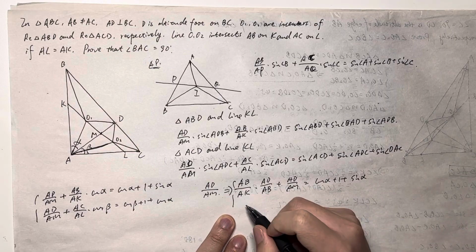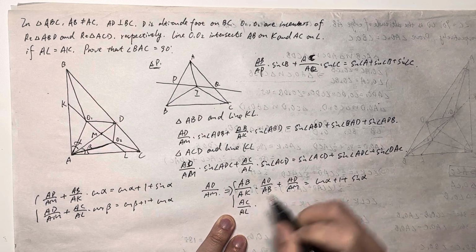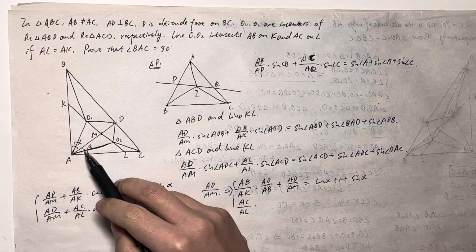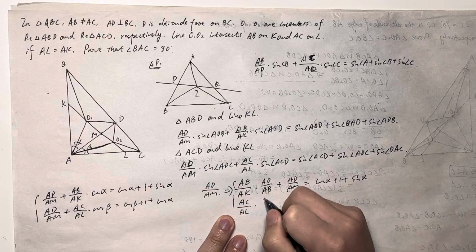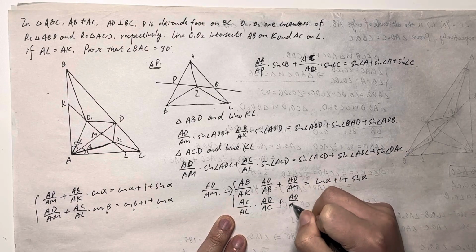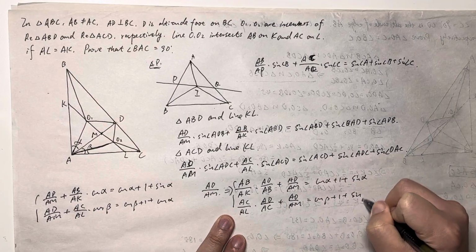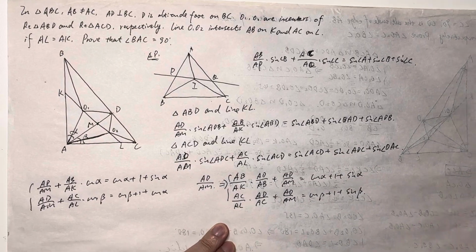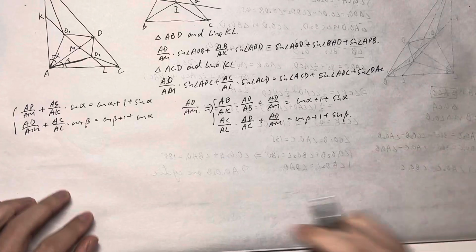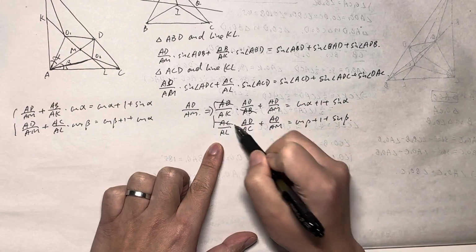And here is AC to AL times cosine beta. Cosine beta is AD to AC. So AD to AC plus AD to AM equals cosine beta plus 1 plus sine beta, right? And see here, AB can cancel, AC can cancel.